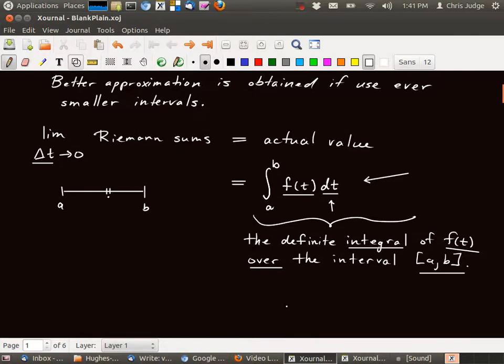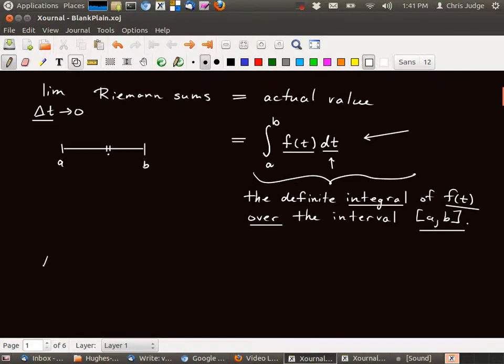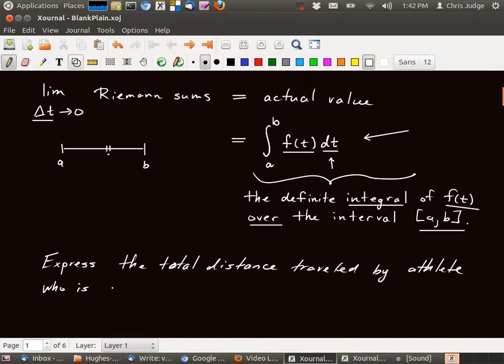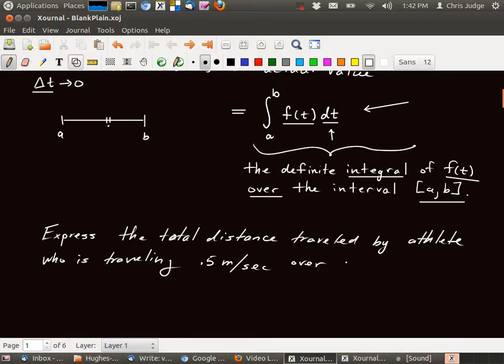Okay, so for example, we could try to express the definite integral for the total distance traveled by an athlete who is traveling at f of t, a function of time, over the interval, say, 0 to 6.